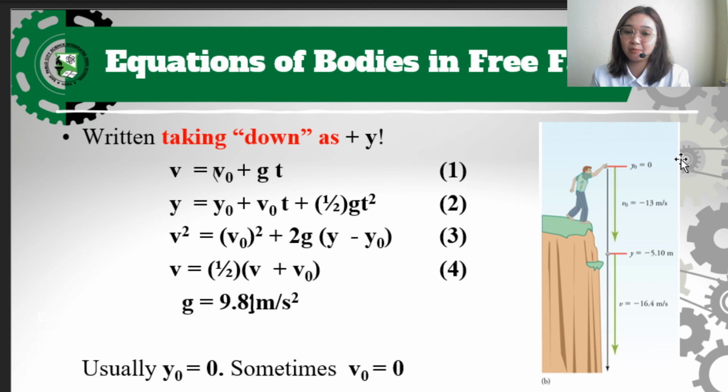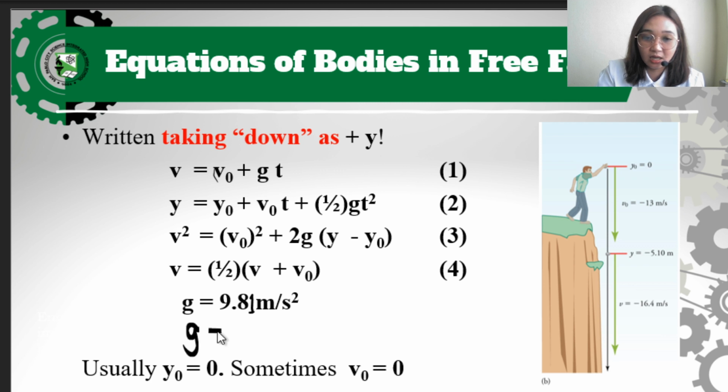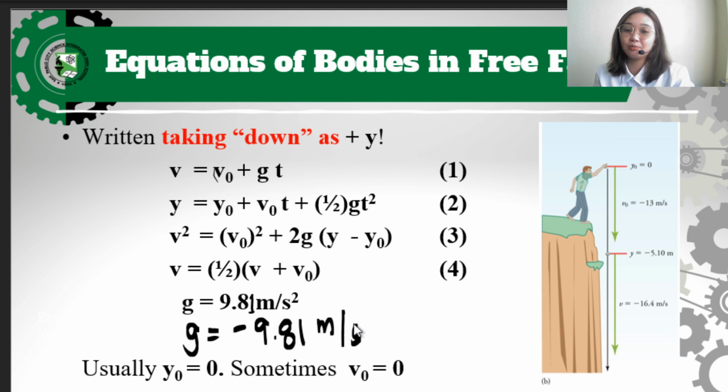So, dito kasi, para hindi tayo malito, dahil si G ay negative 9.81 dapat. So, babalik na rin po natin para po yung equation natin ay ganito po na talaga. Okay? So, kapag ang object, hinulog mo lang basta, so ito po yung gagamitin mong equation.